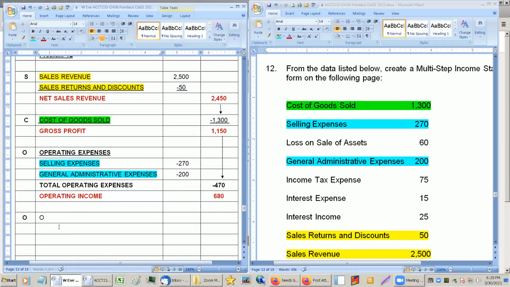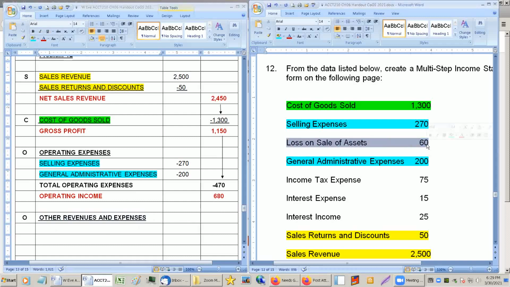Okay, other revenues and expenses. Let's see here. This loss on sale of assets. Again, those are usually long-term assets we're talking about. And anything that has to do with interest is going to go in there.